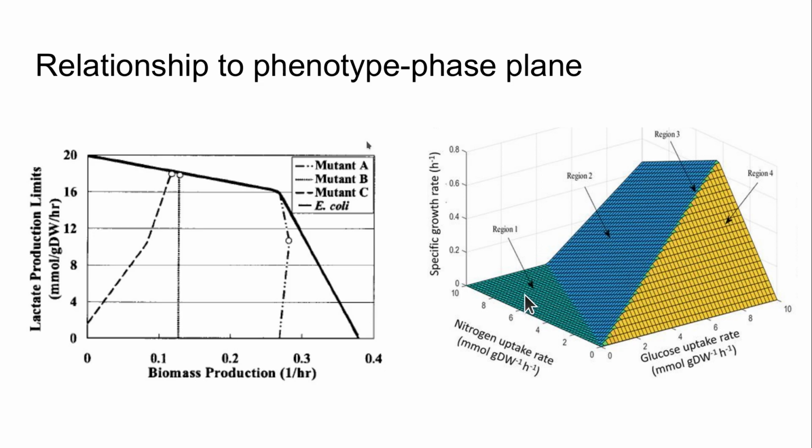Those should not be confused with these lactate production limits, because when we're doing robustness analysis, we are fixed at a point here. We're not allowed to move further in or further back in any other coordinate. Remember that this here is not the entire solution space. It is a projection of the solution space in 2 dimensions.